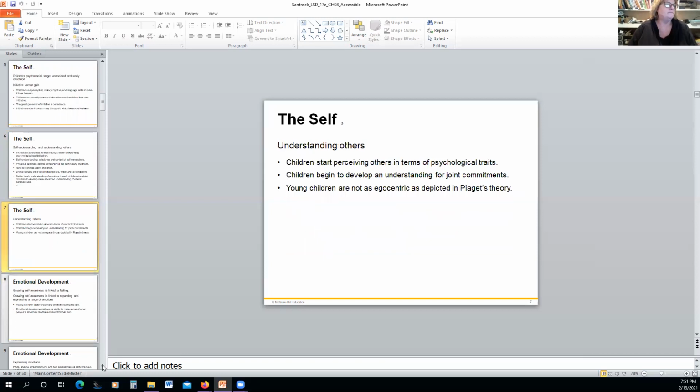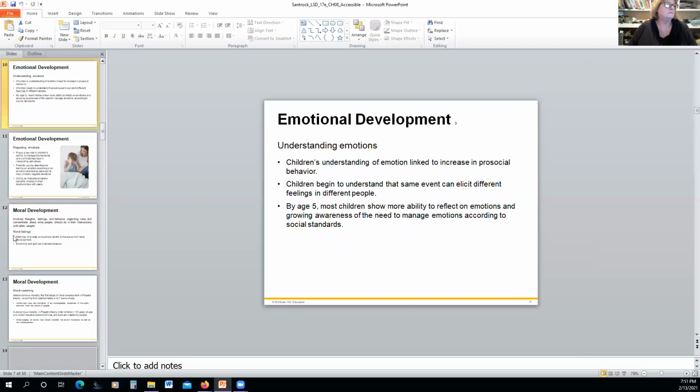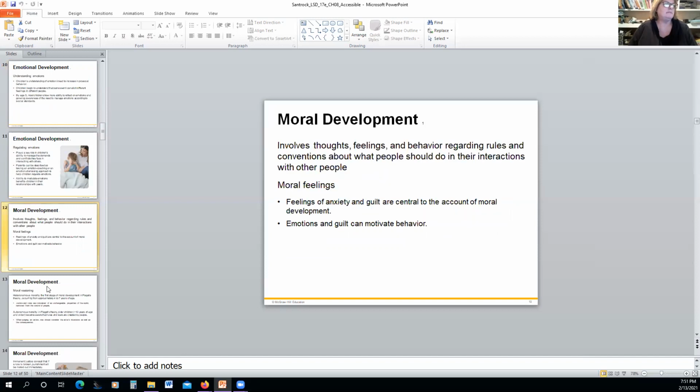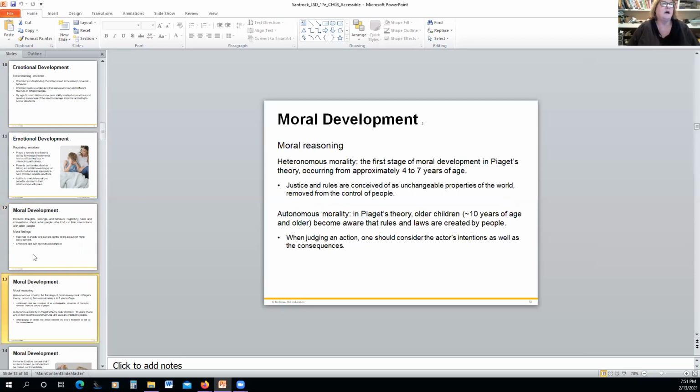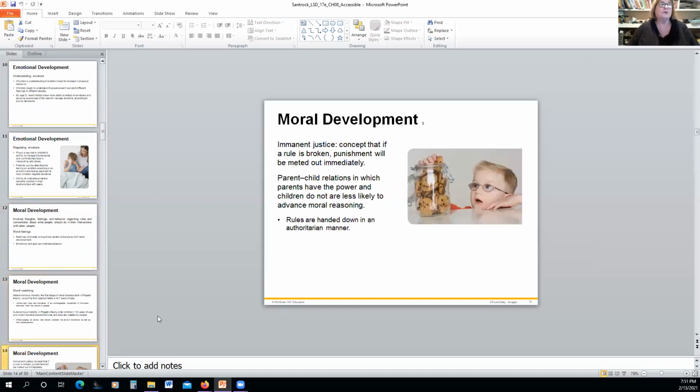Let's see here. There's some basic beginning of moral development. We'll talk more about moral development later, but just some idea of, what is justice? What is the same? Making sure that everybody has the same rules. What's this idea of imminent justice?